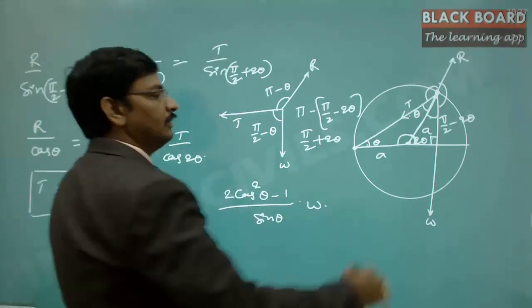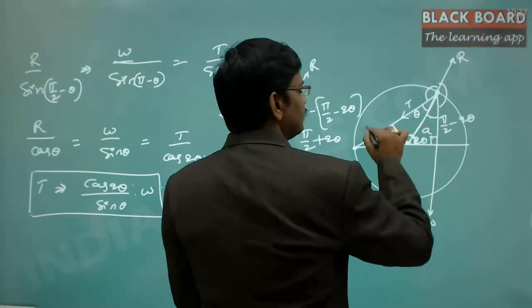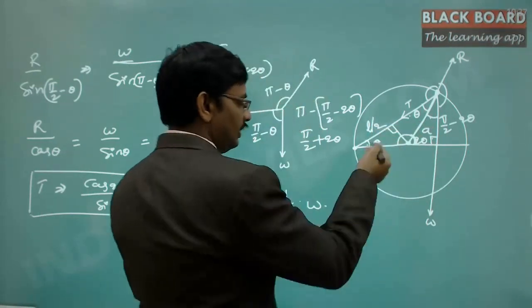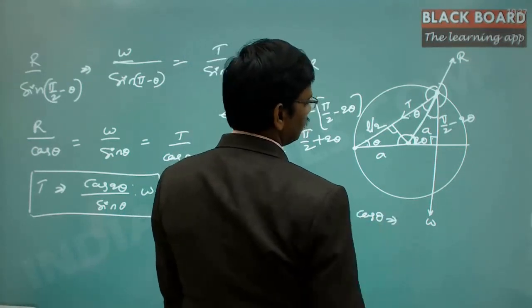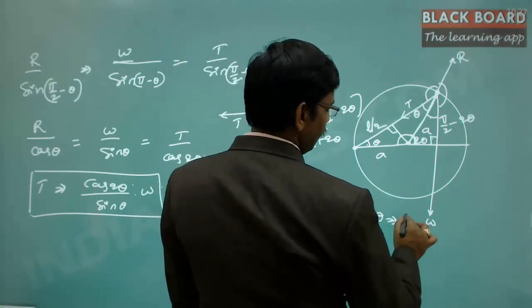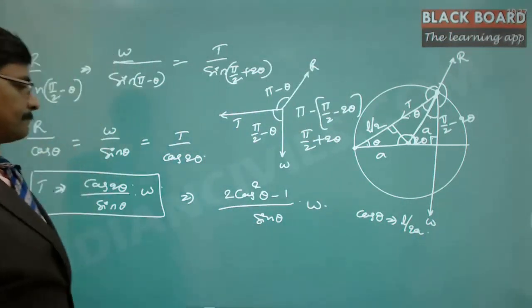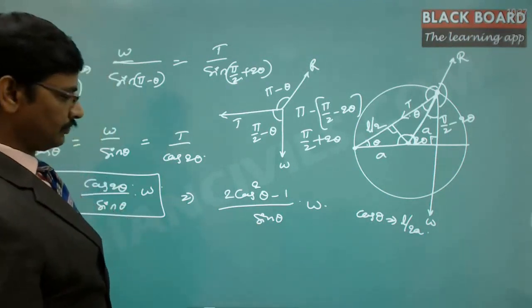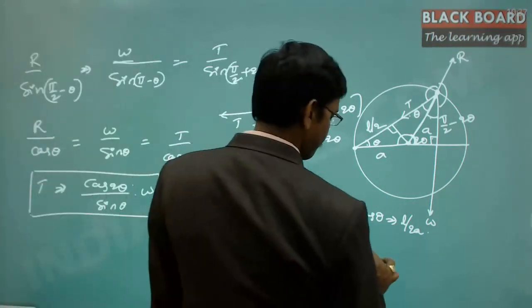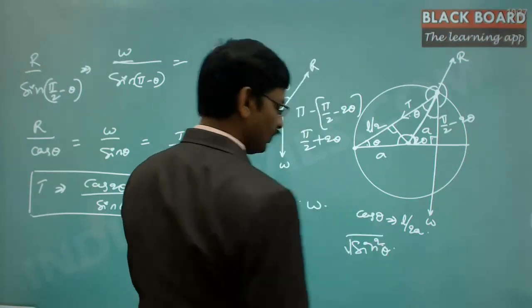Now here you can draw a perpendicular, and this is 90 degrees, this is L by 2. Then you can find cos theta. Cos theta is equal to L by 2a. And sin theta can be written as the square root of sin square theta.